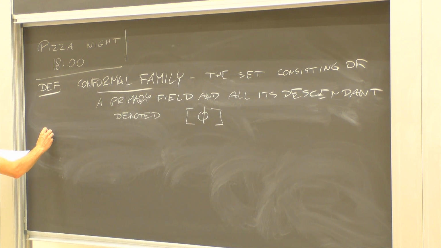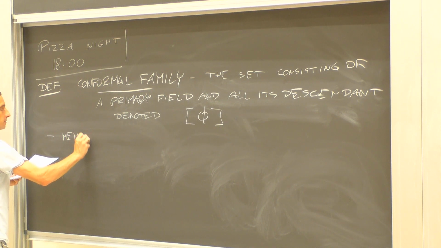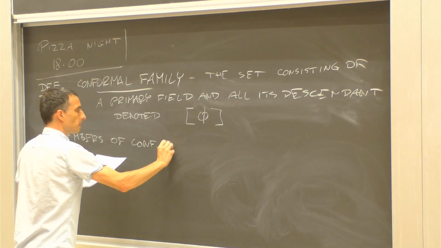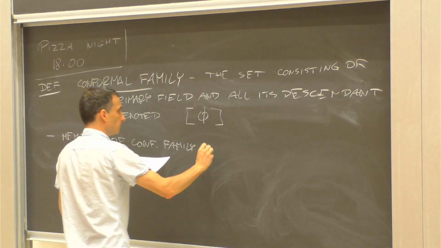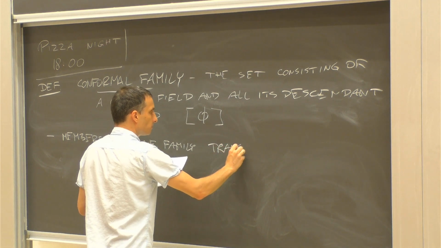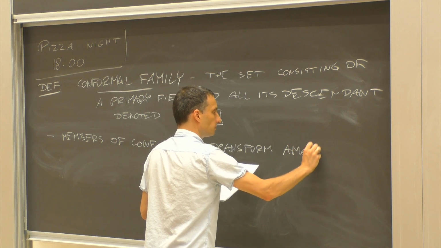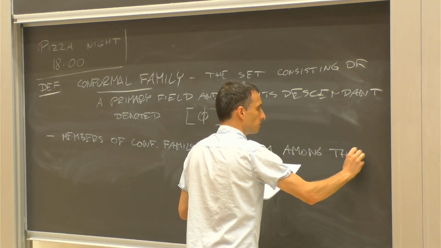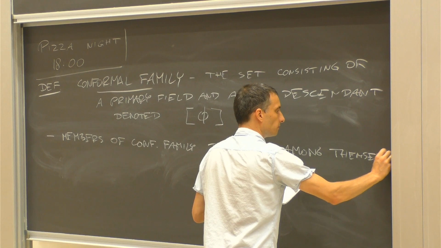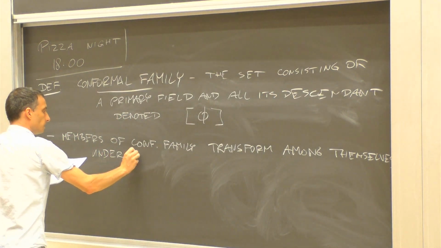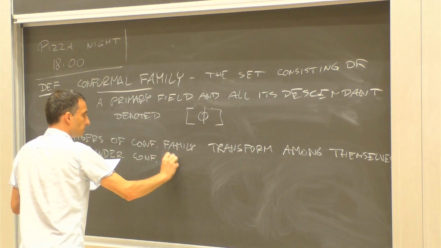And this is an important object because, let me say it again or even write it, members of a conformal family transform just among themselves under conformal transformations.